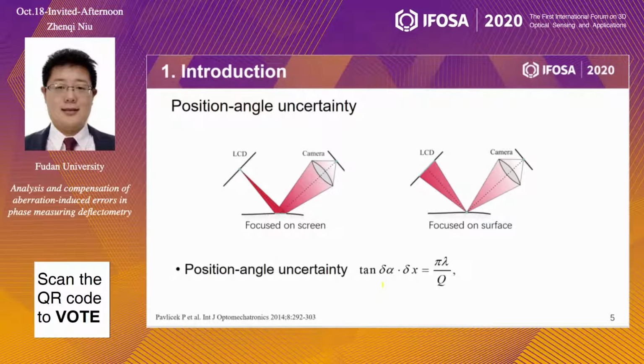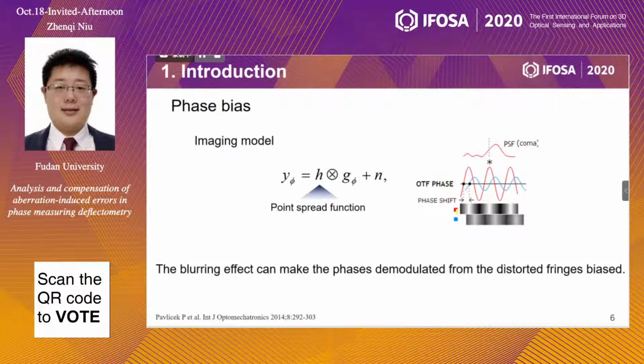A common deflectometry configuration focuses on the surface under test to get a high-accuracy position. Therefore, the screen must be defocused, which blurs the captured image. Then there is a blurring issue that reduces the phase accuracy. The imaging model can be described by this function.